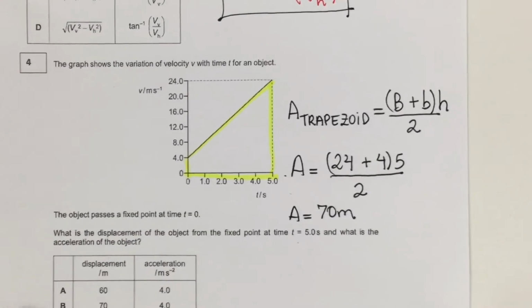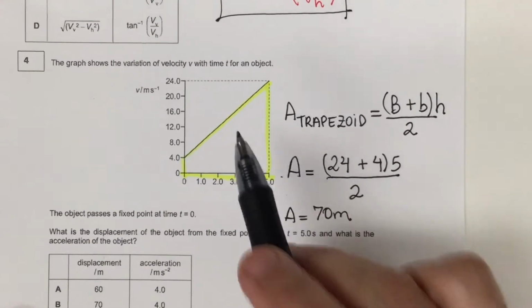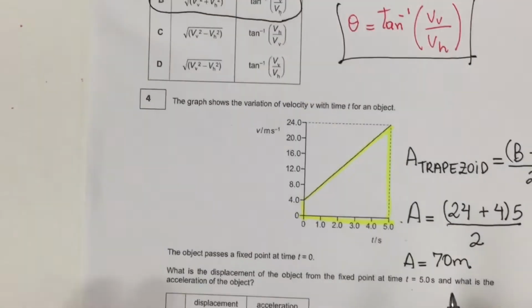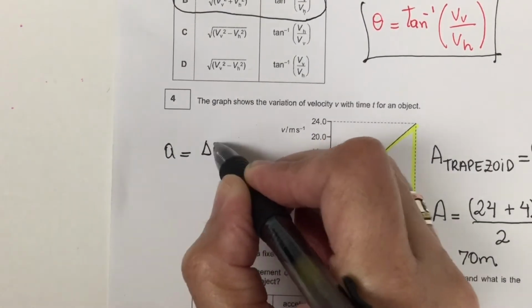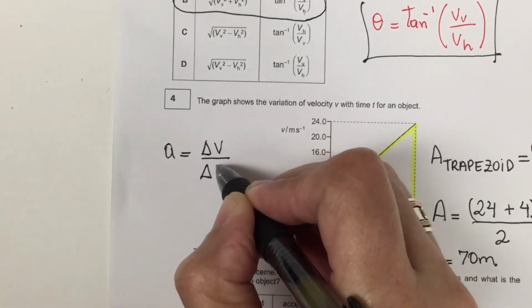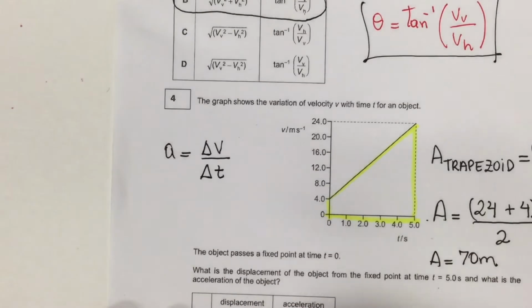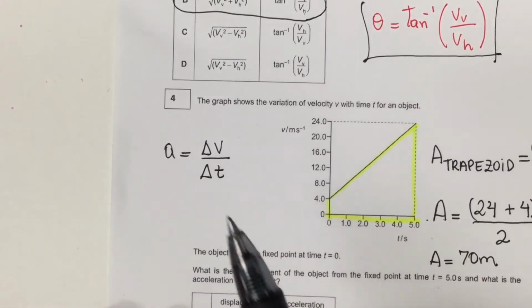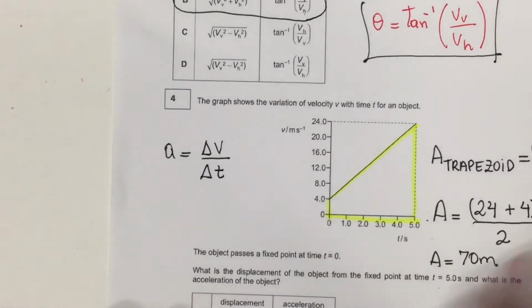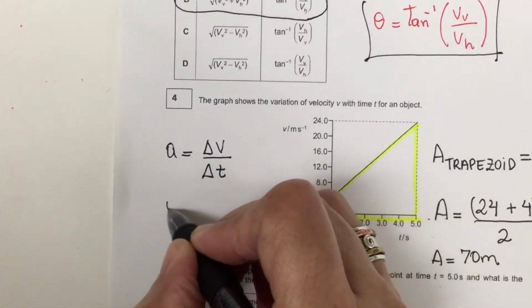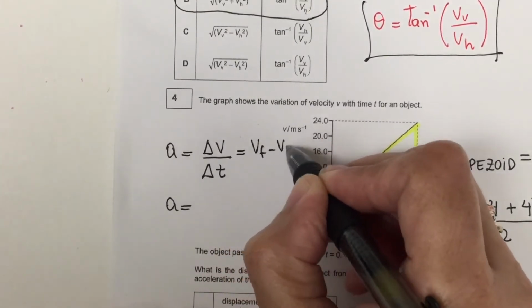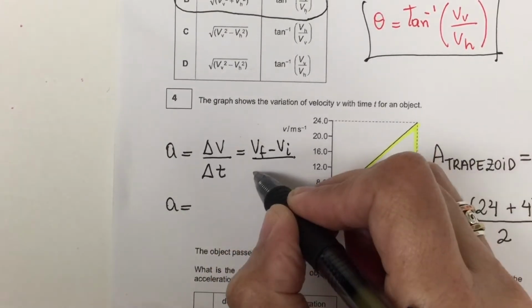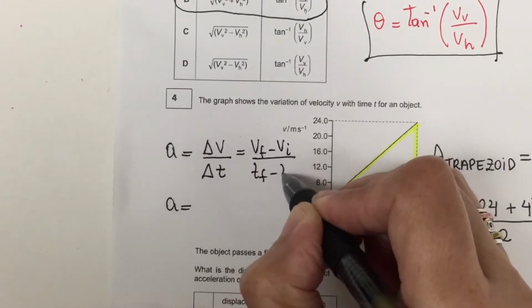To find the acceleration, we can also use this graph to collect the information. Acceleration by definition is the change in velocity over time. The correct way to say it is acceleration is the rate of change in velocity. So this means the final velocity minus initial velocity, over final time minus initial time.